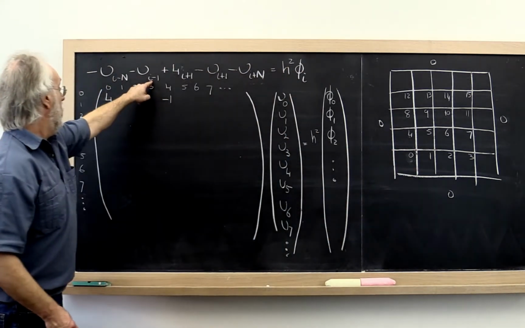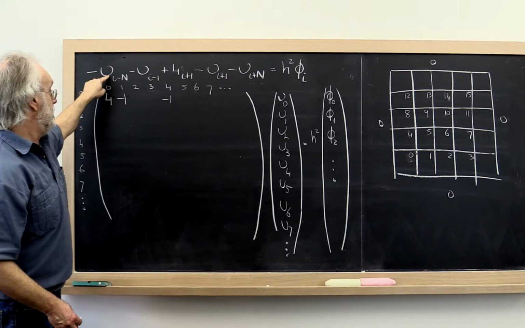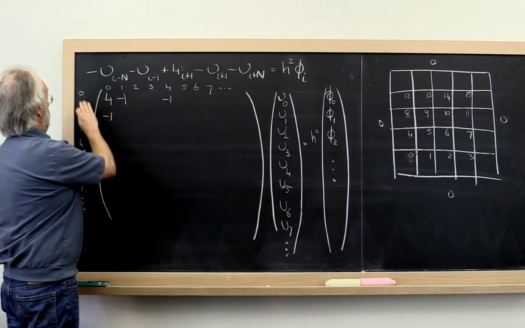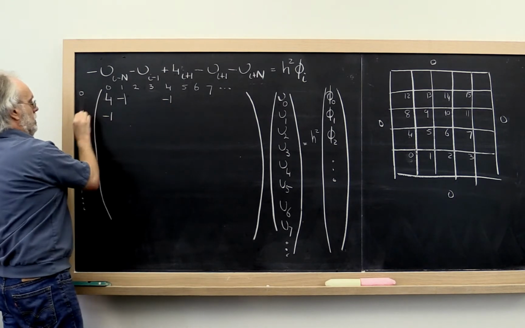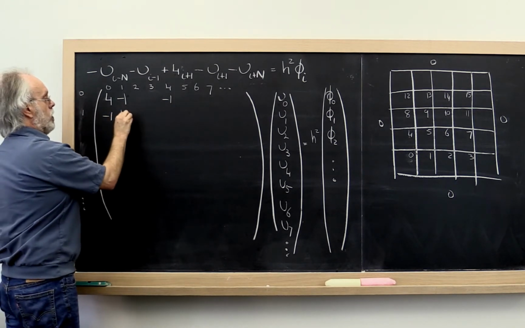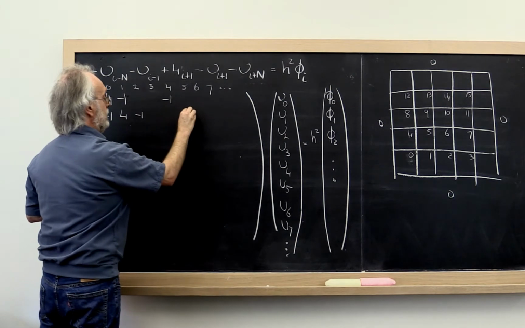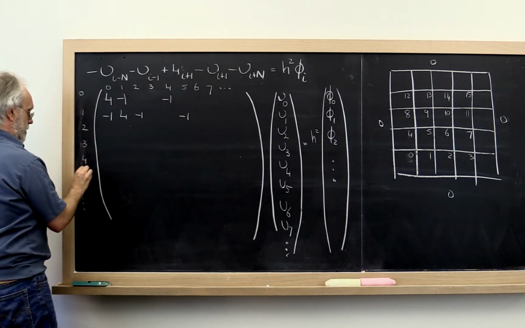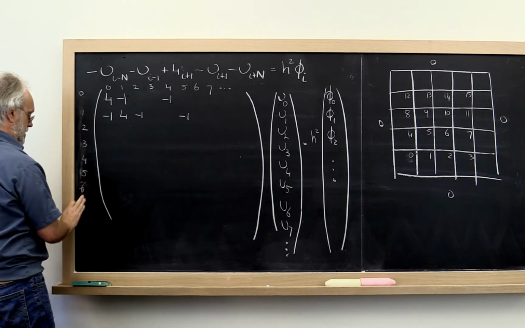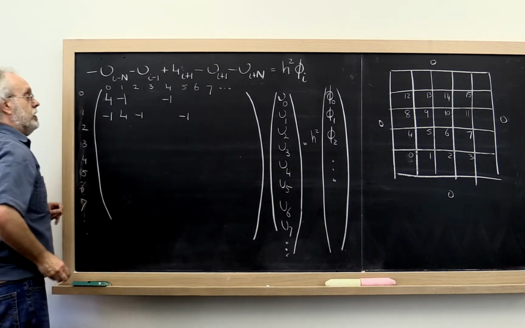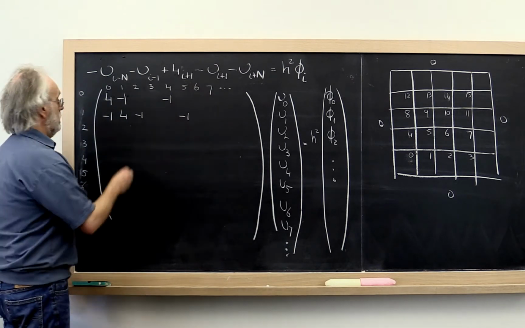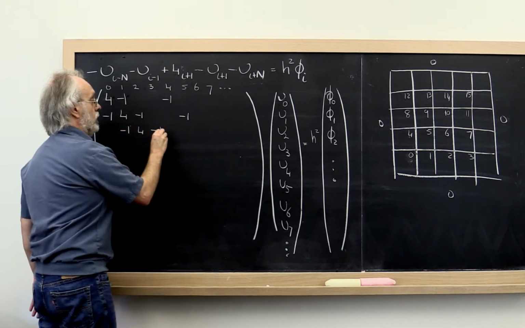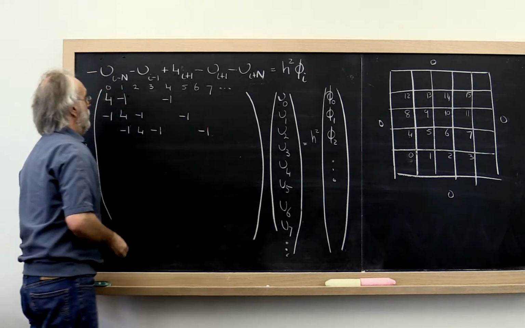Okay, then we move on to the next point. Now i is equal to 1. So this is 0, but this gives me a -1 here. That's for 1. And then 4, -1, -1. Let's rewrite this here again: 4, 5, 6, 7, and so forth. We go to the next one, and what we get is -1, 4, -1, and another -1 here.